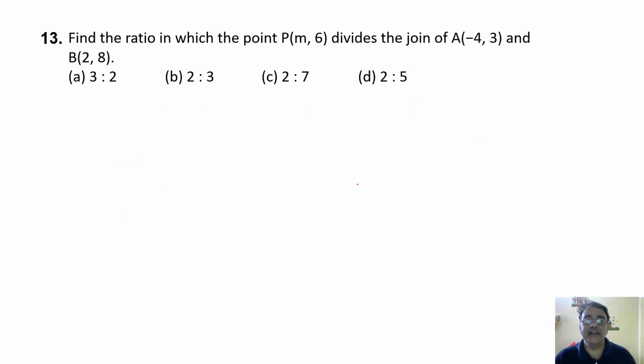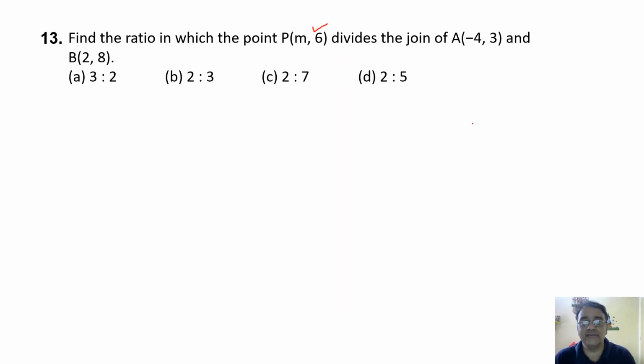Find the ratio in which the point P(M, 6) divides the join of A(minus 4, 3) and B(2, 8). The same question can be asked as: find the value of M if P divides the line joining A(minus 4, 3) and B(2, 8). This can also be asked. For now this question is on the ratio, and the y coordinate is known to us.